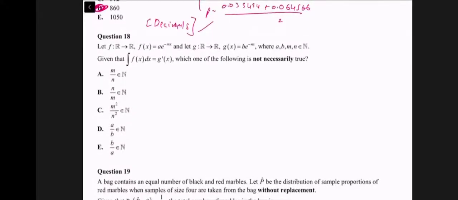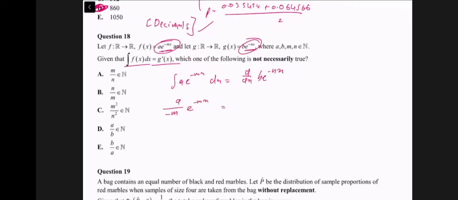So which of the following is not true? We have two things here, and if you ever get one of these questions where you have a bunch of numerals, but they have the same inner function, it's a big hint that you're looking for comparisons. So if we integrate f of x, a e^(mx) dx, and differentiate g of x, b e^(-nx), then you have a on m, e^(mx), equals negative nb e^(-nx).